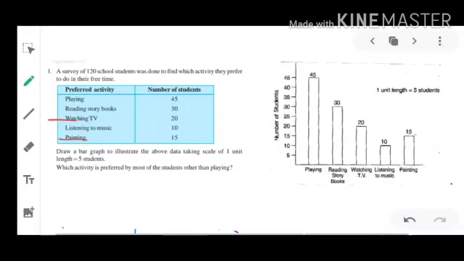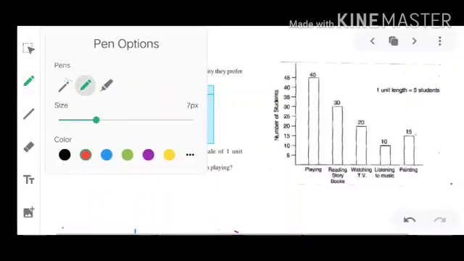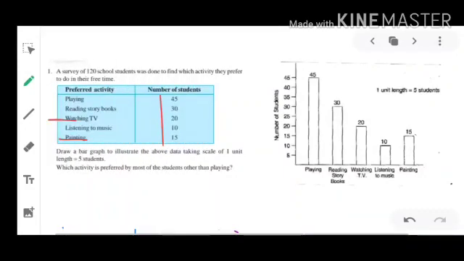And number of students: 45, 30, 20, 10, 15. Next, draw a bar graph to illustrate the above data, taking a scale of 1 unit length equal to 5 students. Next, which activity is preferred by most of the students other than playing? Students, first of all, we are going to draw a bar graph and after that we will give the answer to this question. Okay, let's start.